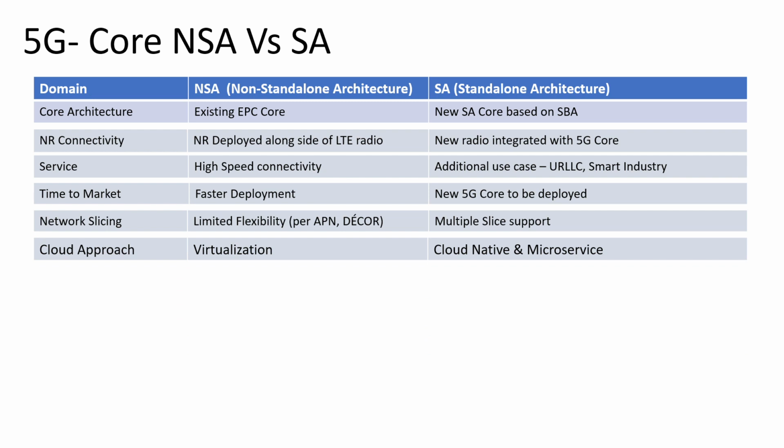Cloud approach. In case of non-standalone, our EPC is virtualized. But in case of 5G core, whenever we build the 5G core into the network, the 5G core components are cloud native and have a microservice-based architecture. So you have to make that platform ready.